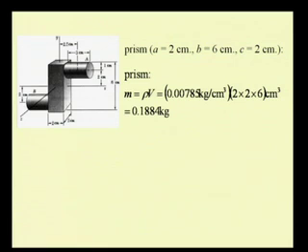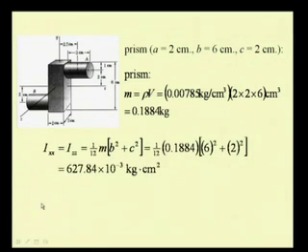Now, let us consider one of the axes, say the x axis, and let us try to determine the second moment of the mass with respect to this axis. One can also note that these axes, that is x, y and z, are nothing but centroidal axes as far as the prism is concerned.